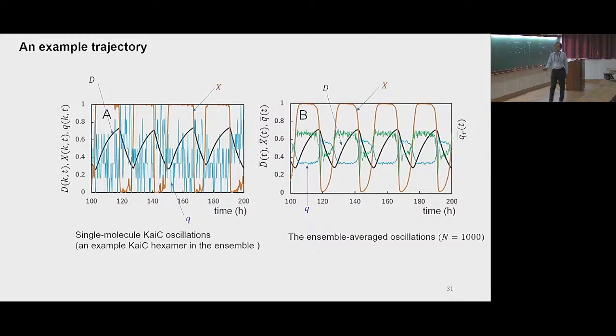This is a rather noisy stochastic switching, but if we average over 1,000 molecules, we have rather smooth oscillations as observed in the experiment. The experiment usually measures the oscillation of the phosphorylation level, the black curve of D. So this explains the ensemble simulation and also predicts the single molecule oscillation.